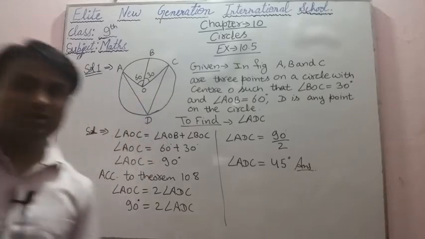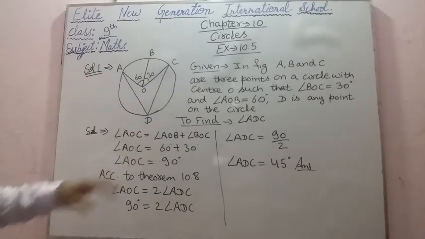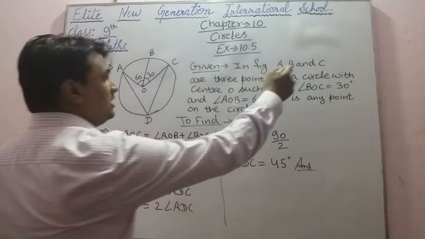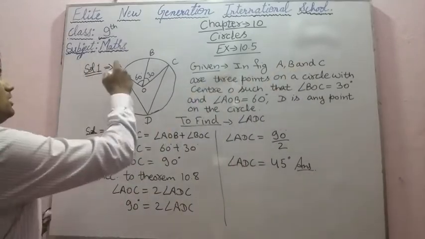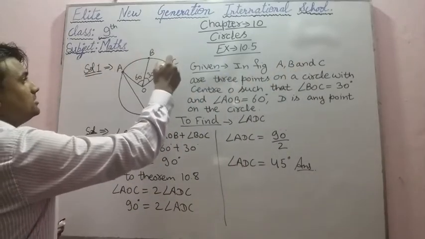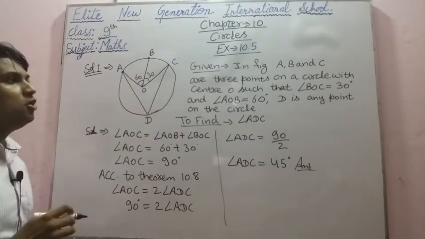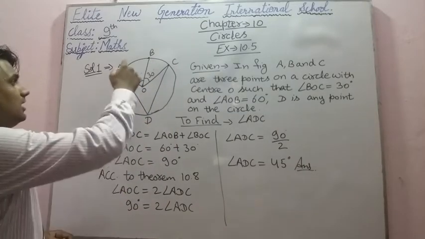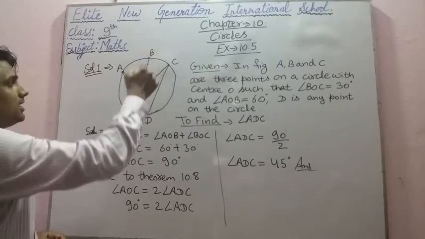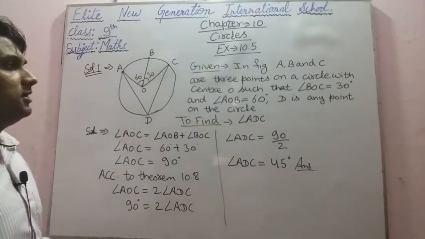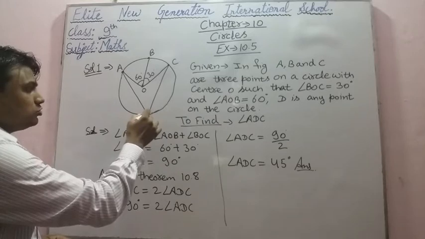So here point A, point B and point C are 3 points on the circle which has center O. Angle AOB equals 60 degrees and angle BOC equals 30 degrees, and D is also a point.